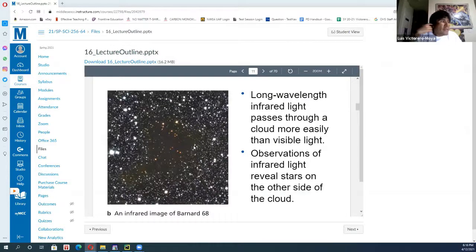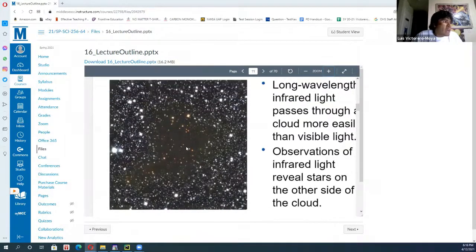The infrared image already tells you that there are things happening. You see these glows? Some of it may be small fragments, and that's going to be key in star formation, by the way. But what you can see is stars or disks or protostars already forming in there.